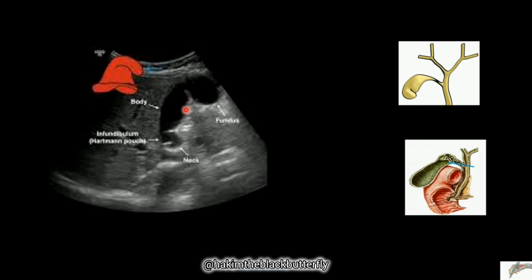Okay, because this infolding will somehow increase the chance of the bile to be static within this portion, and once bile is stuck in one area, the salts within can condense to form stones. So these are all risk factors for stones to form within the gallbladder.